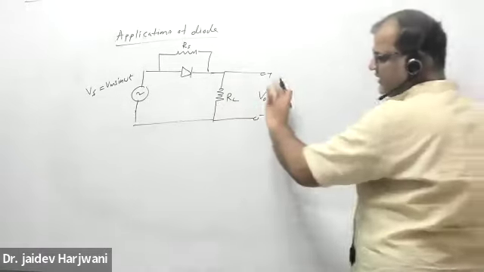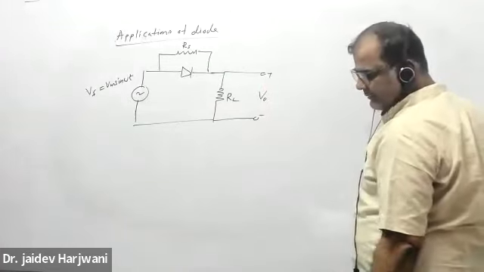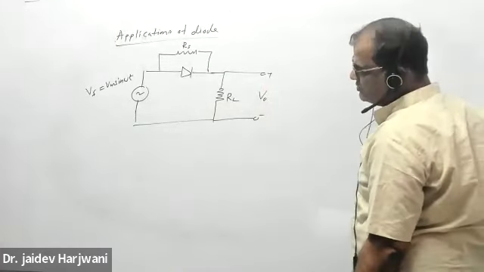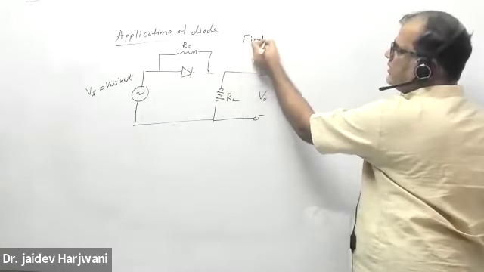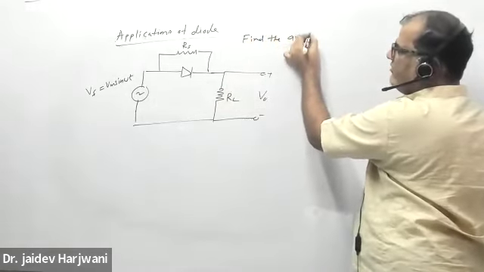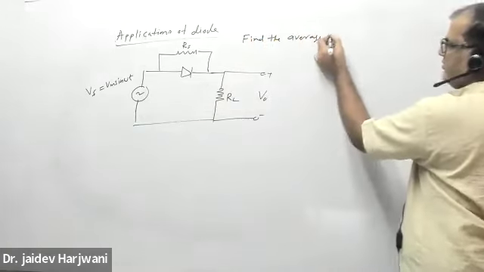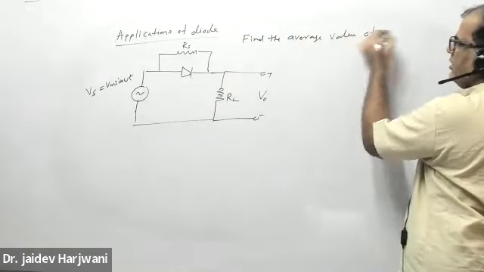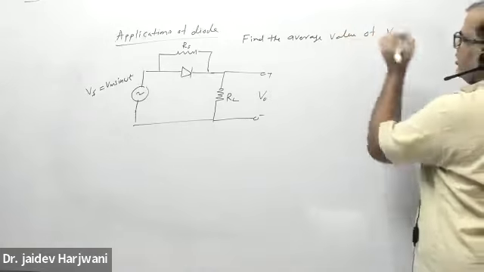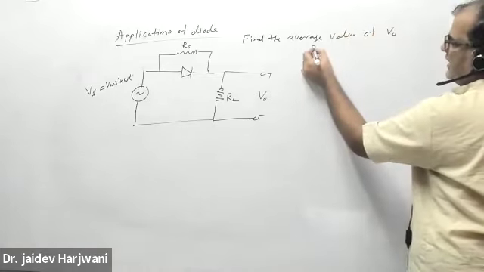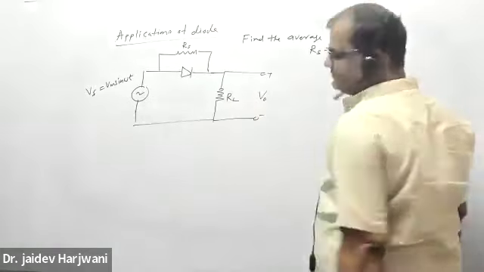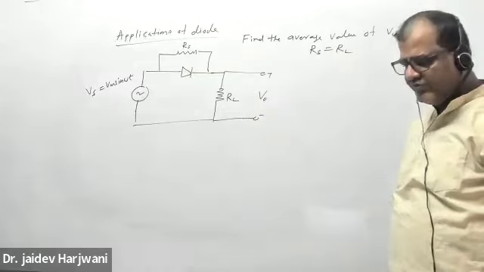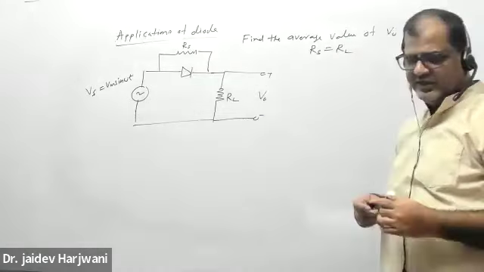Here a DC meter is kept which can measure only the DC value. So what is the average value of V naught? Find the average value of V naught, and you have been given that Rs is equal to RL. Both values are the same.